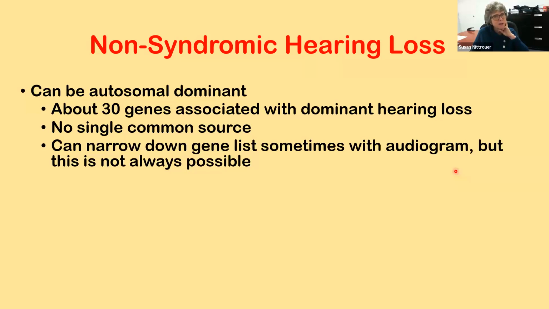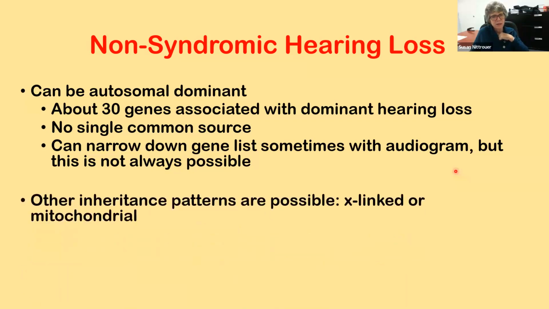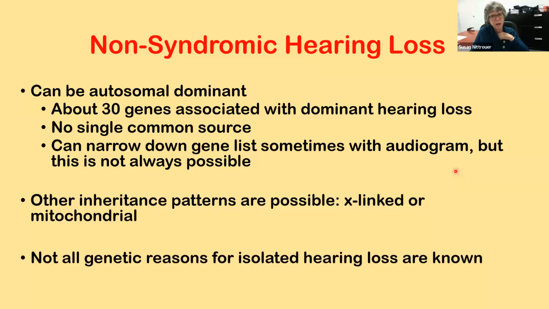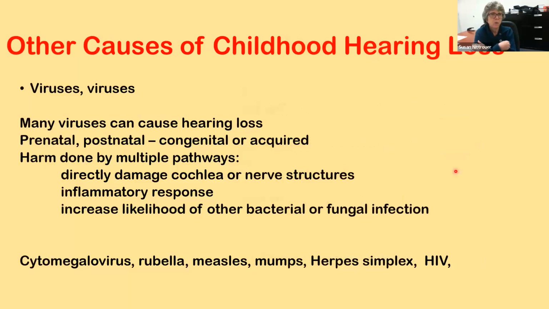Sometimes specific genes result in specific kinds of audiograms, but that's not always the case. And again, inheritance can also be X-linked or mitochondrial based. And we still don't understand all the sources of genetic hearing loss.